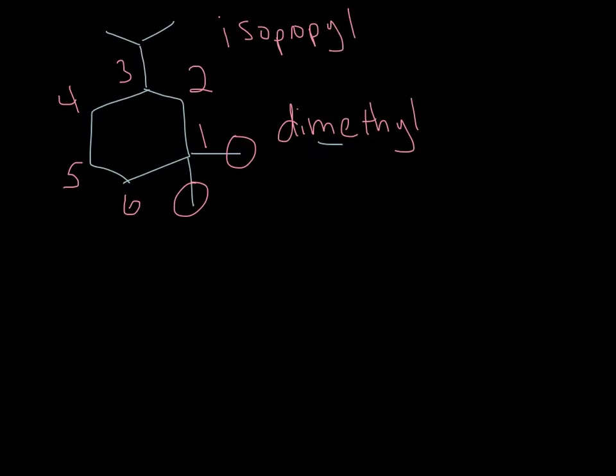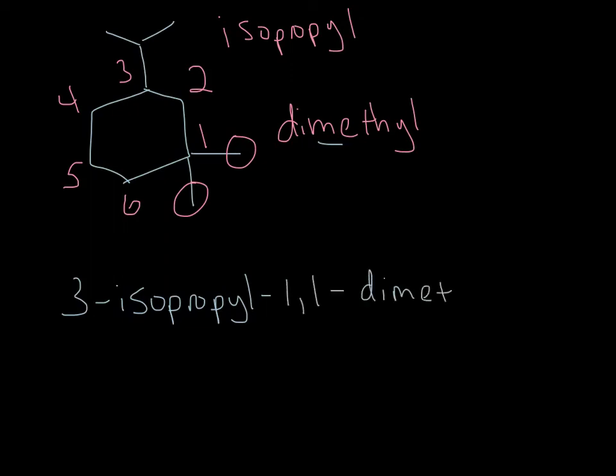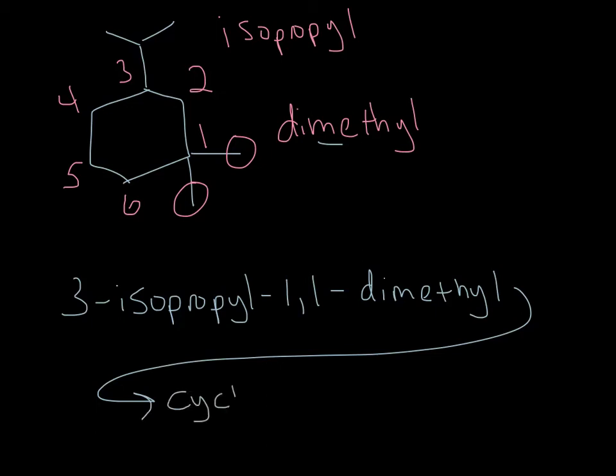So in naming this guy, it will be 3-isopropyl, and then a dash, 1,1-dimethyl, and then I'm going to snake around here because this is all one word from dimethyl, cyclohexane.